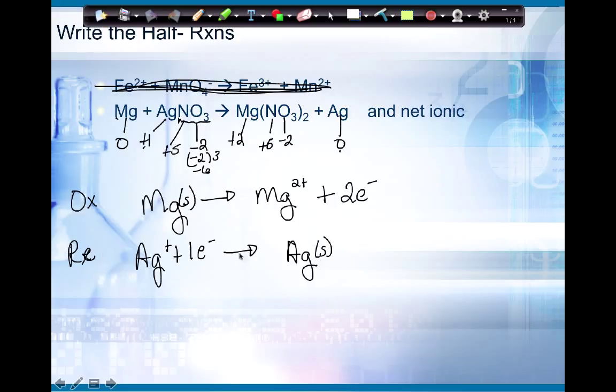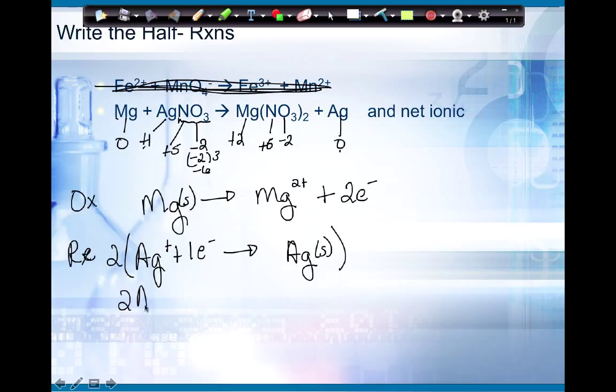Okay, so now we'll just put them together. But if we're going to do that, we're going to cancel out the electrons because electrons are not included in the net ionic reactions. So I've got 2 electrons for this one and only 1 for this. So I need to multiply everything by 2.